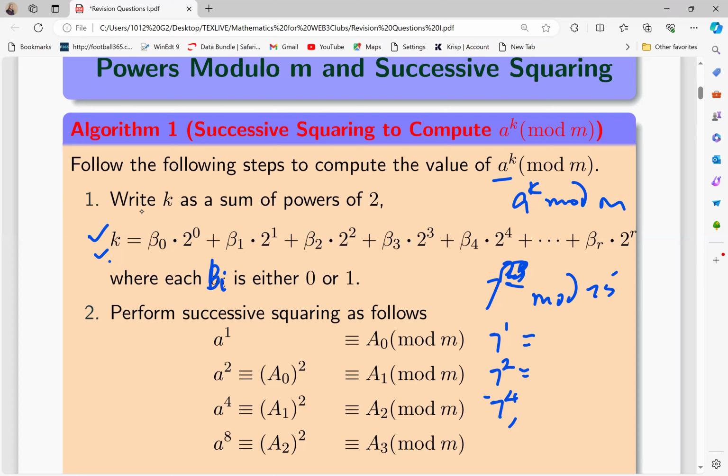So beta i is either 0 or 1. Then after that, you do this successive squaring, the way I've explained here. After that successive squaring, this expansion will tell you which ones to combine. That's what I've written at the back here.